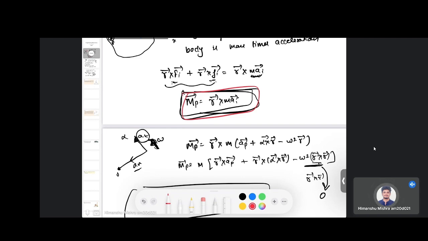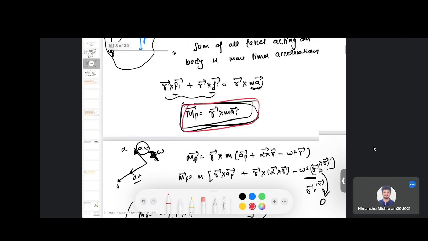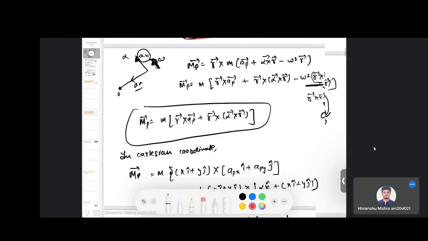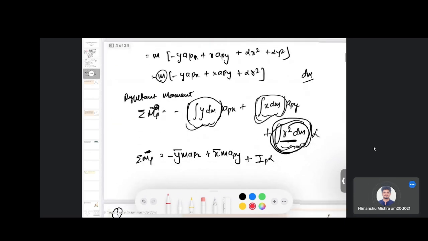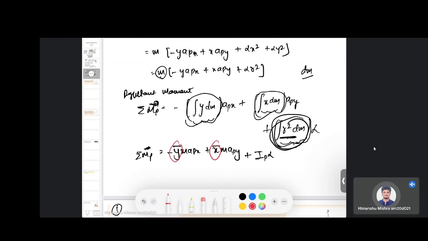And if, let's say, your point P coincides with the center of gravity G, then this distance vanishes, because these are the distances of point P from the center of gravity. So if point P is on the center of gravity, this corresponds to x bar and y bar equal to 0, which means my summation of moments will be given by Ig alpha.